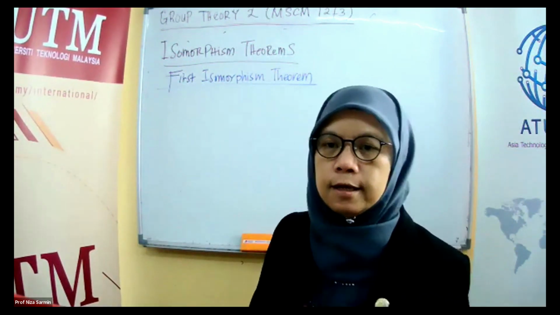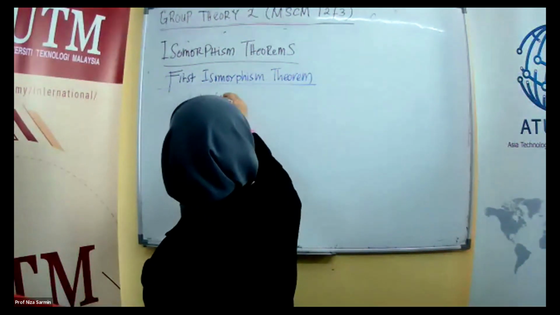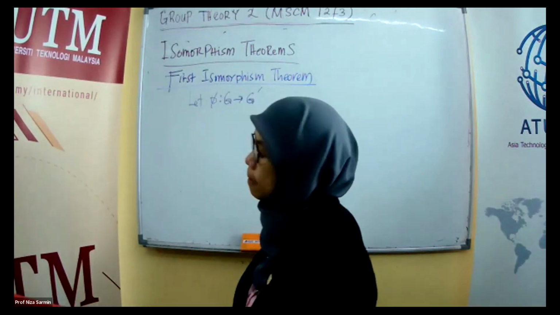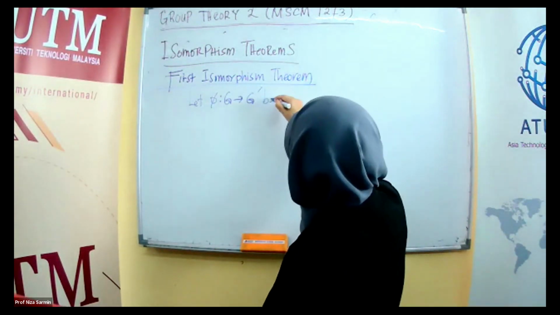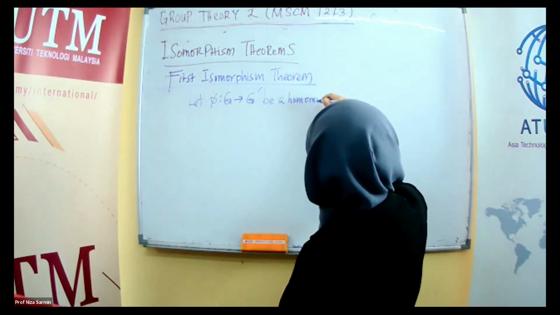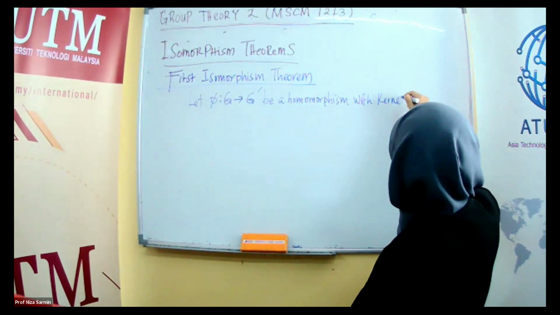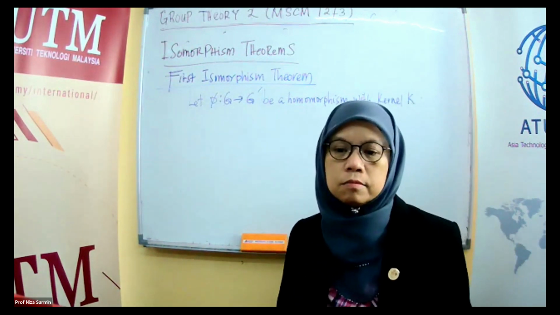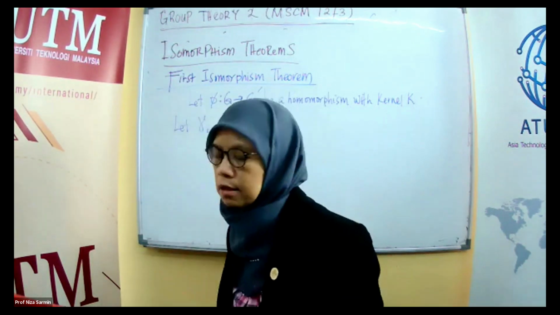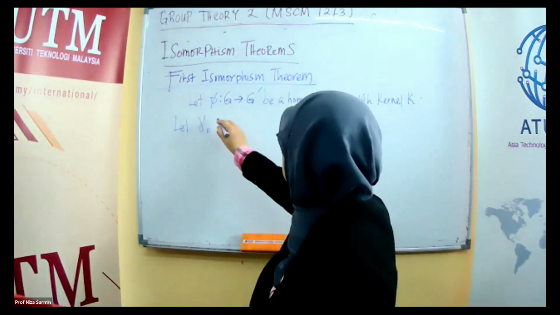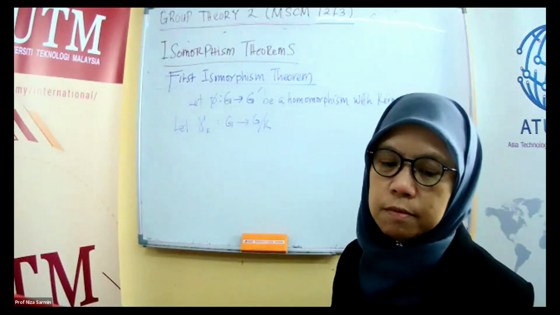Okay, again, let phi from G to G prime be a homomorphism. And call the kernel K. Then we let gamma K from G be the canonical homomorphism.